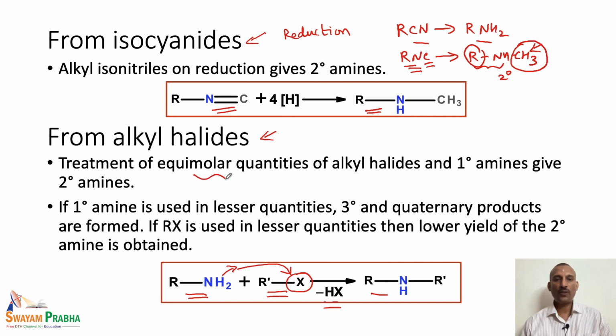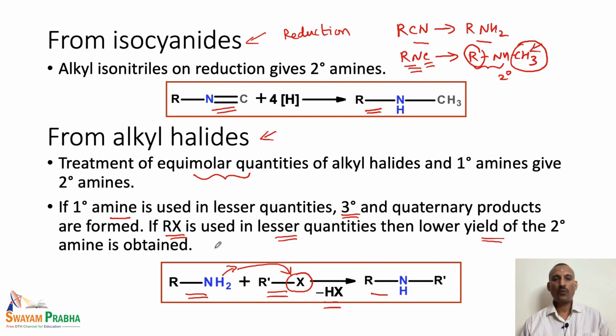So, in other words, equimolar quantities of the primary amine and alkyl halide should be used to prepare the secondary amine. If we use a lesser amount of the primary amine, then what will happen is we will end up with other side products like a tertiary amine, and quaternary ammonium salts are generally formed. And if we use RX in lesser quantities, then we end up with lower quantities of the secondary amine.